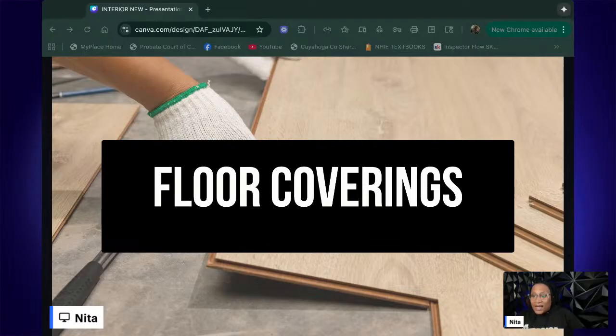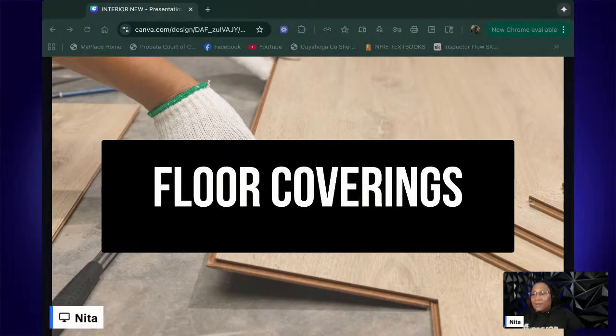They lay a pad down beneath your carpet, and then they lay your carpet, and there are what we call tack strips that are nailed around the perimeter of the room that serve as a grip for the backing of the carpet, and that's how it attaches. And then at your doorways, or where your carpet is going to meet another flooring type, we have what we call transition strips.